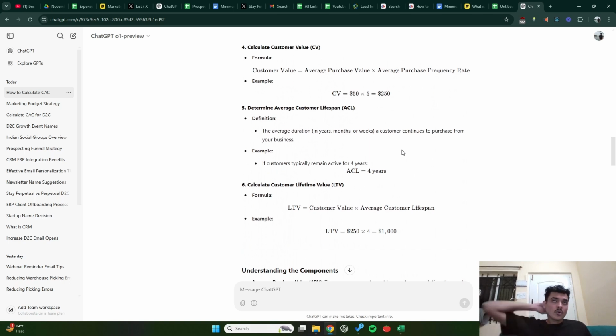The golden ratio to have a very healthy LTV to CAC would be 3:1. So three is the $3. You gain $3 for every $1 spent. And you could actually analyze a business's health by looking at the CAC to LTV ratio.